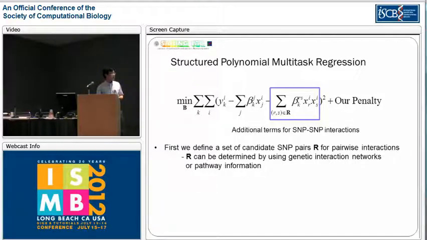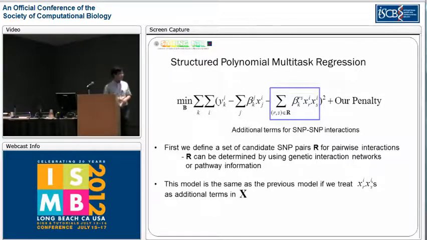This set R can be determined by using genetic interaction networks or pathway information. In our experiments, we used genetic interaction networks to find the candidate SNP pairs for pairwise SNP-SNP interactions.